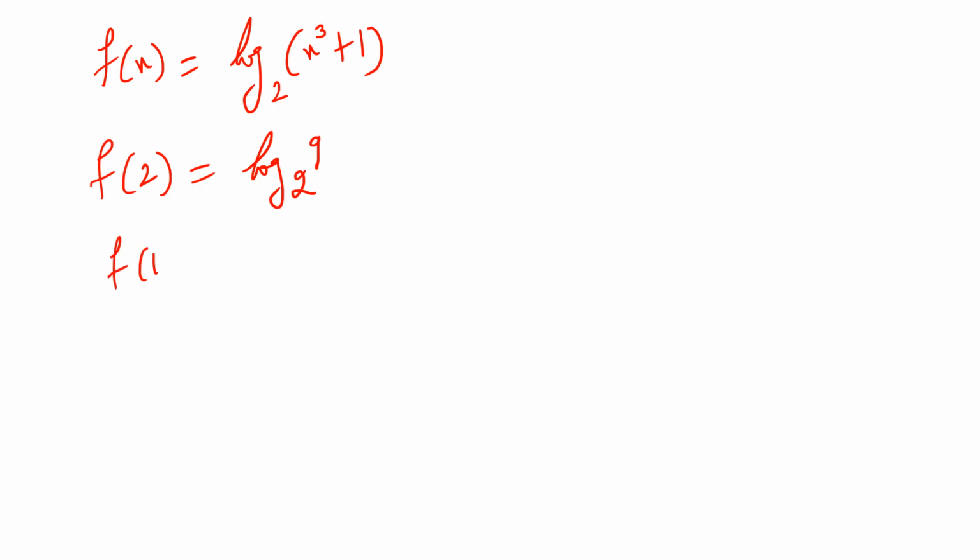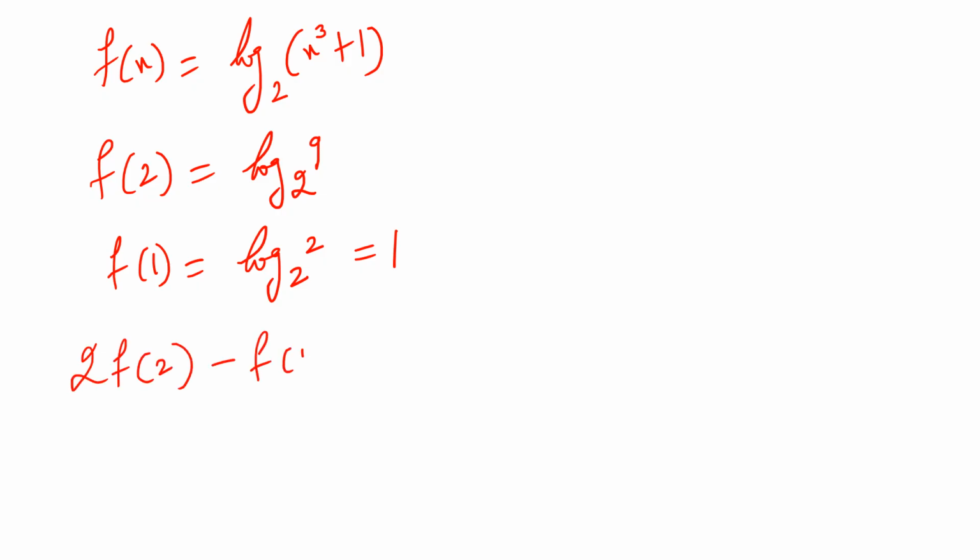And similarly, I can write f of 1 equal to log of 2 to the base 2, which is nothing but 1. So now I can say the value of the expression, that is 2 times f of 2 minus f of 1, can further be written as 2 times log of 9 base 2 minus 1.